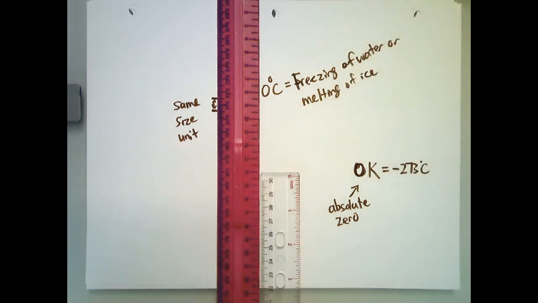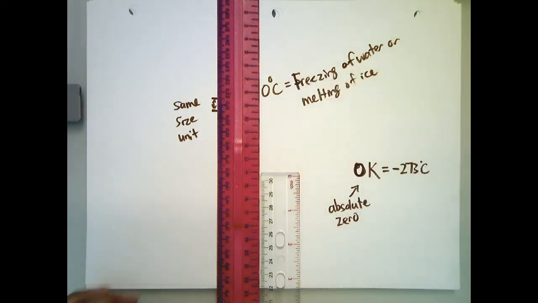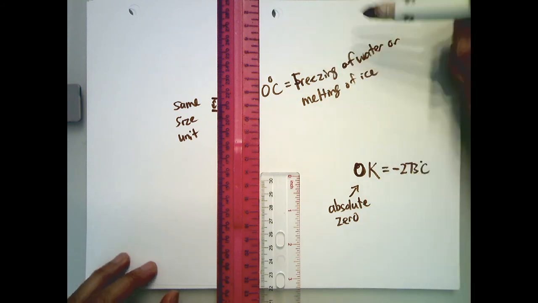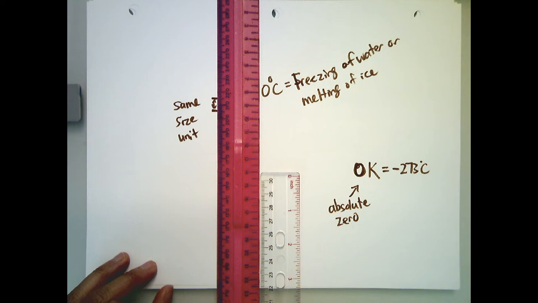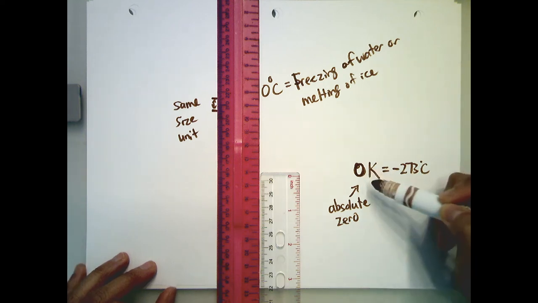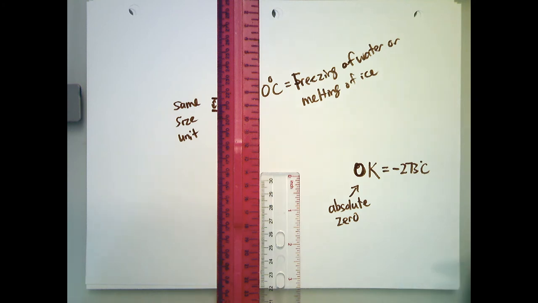That's where 0 starts for the Celsius. So you can have negative values and positive values for Celsius, whereas Kelvin is always going to be positive values because they start at 0 at the very coldest temperature possible. All right, and that's the difference.